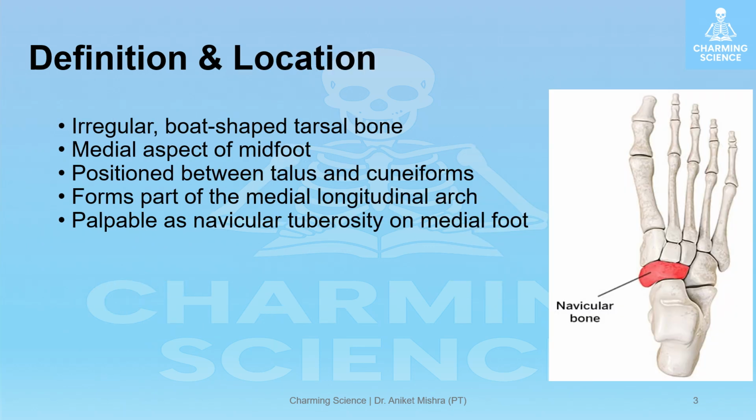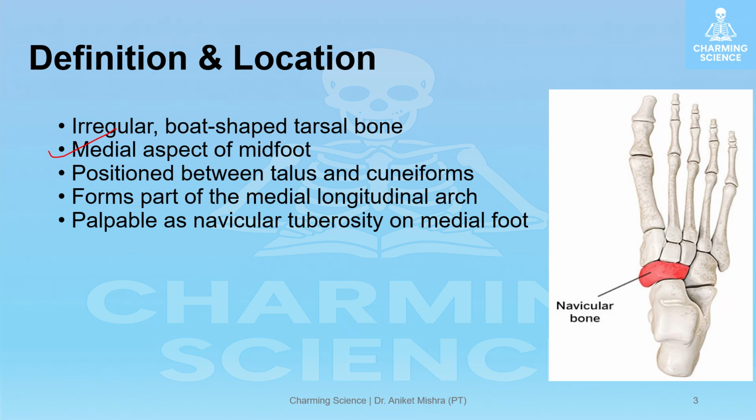The navicular bone is defined as an irregularly shaped, short, boat-like tarsal bone of the foot. It is situated on the medial aspect of the midfoot, where it forms a crucial link between the hindfoot and the forefoot.